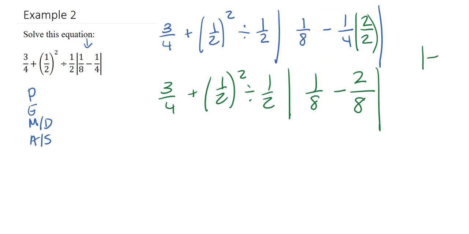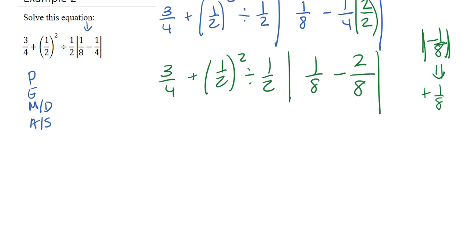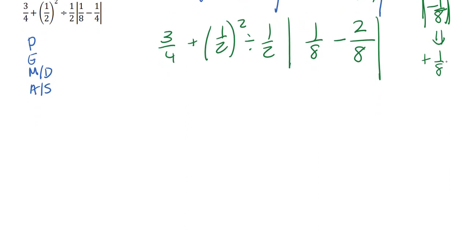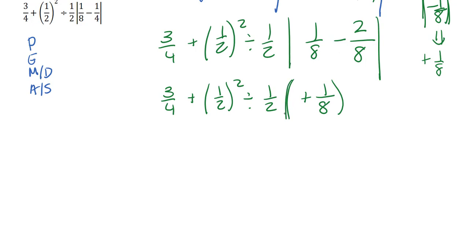If we have negative 1/8 inside the absolute value, what does it become? It becomes positive 1/8, because anything that's negative inside the absolute value becomes positive. So let's rewrite that now with 1/8, so we don't have to keep writing the whole thing. And then this is plus 1/8, and we can just use normal parentheses.